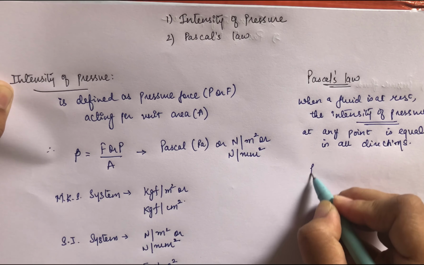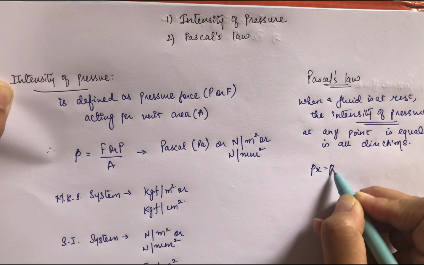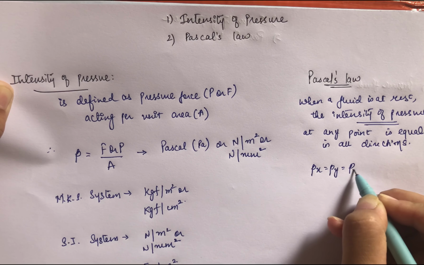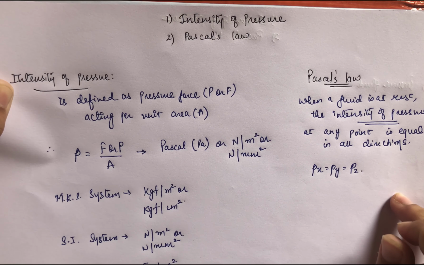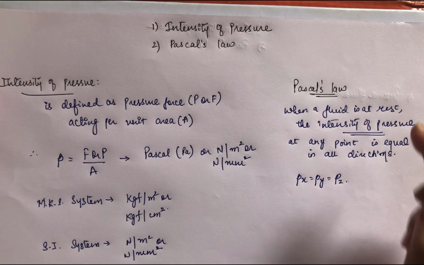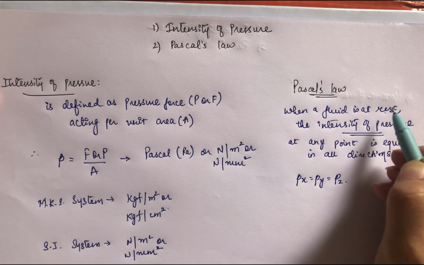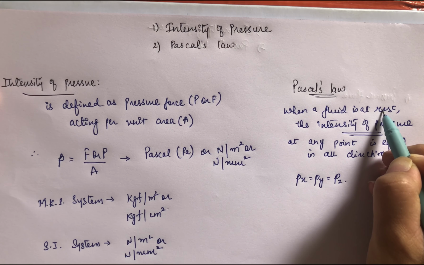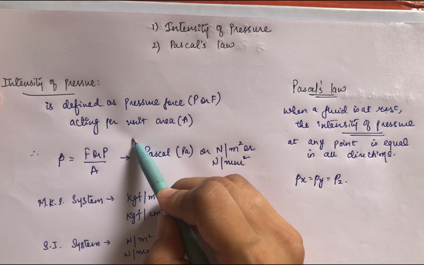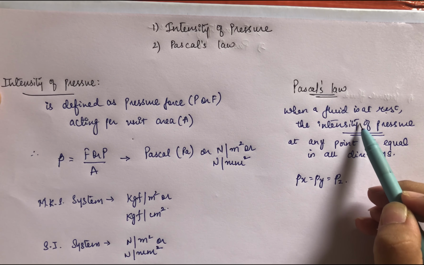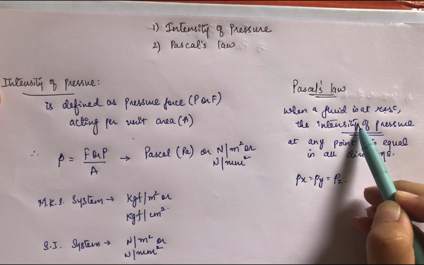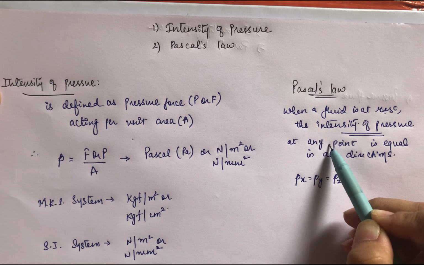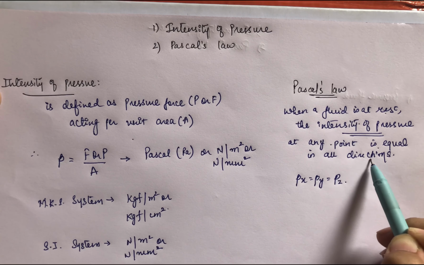So that is small px is equal to small py is equal to small pz. Pascal's law states that when your fluid is at rest, means when your fluid is in static condition, the intensity of pressure that will act upon the fluid at any point will be equal in all the directions.